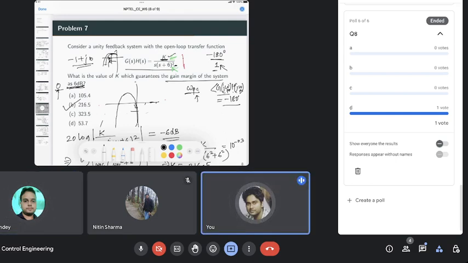One hint: you remember from root locus, right? You use the Routh-Hurwitz criterion to find where you are crossing the imaginary axis. So that will actually give you that point. In root locus, if your poles are here, then your system is stable, right?